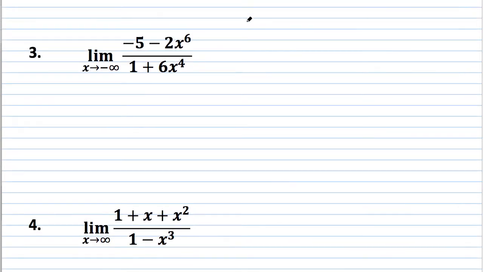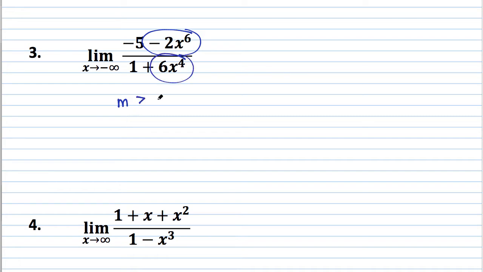For question number 3, looking at end behavior, now I have a rational function. So I'm going to look at whether the degree of my numerator is greater than, less than, or equal to the degree of my denominator. Here, m, which is the degree of my numerator, is 6, and the degree of my denominator, n, is 4.